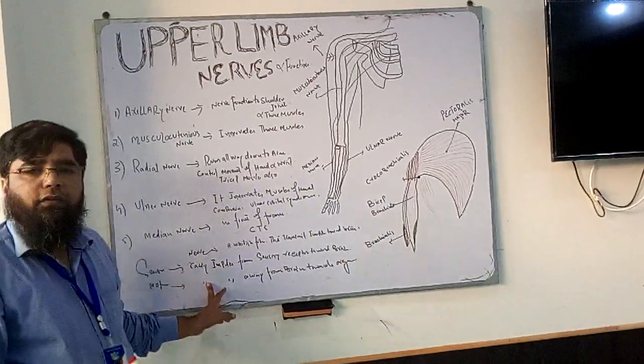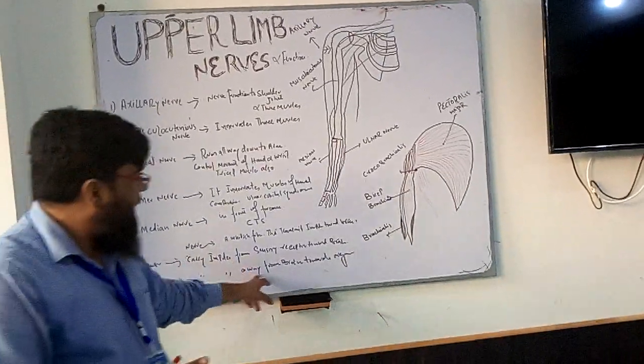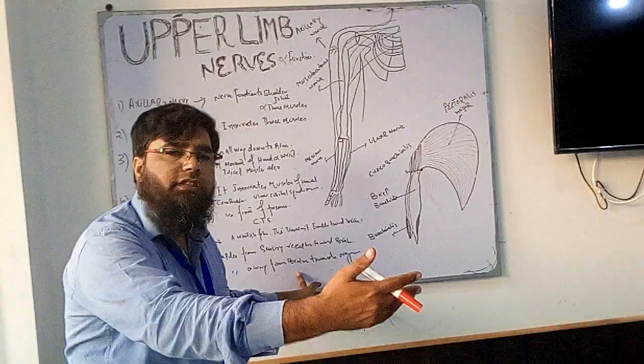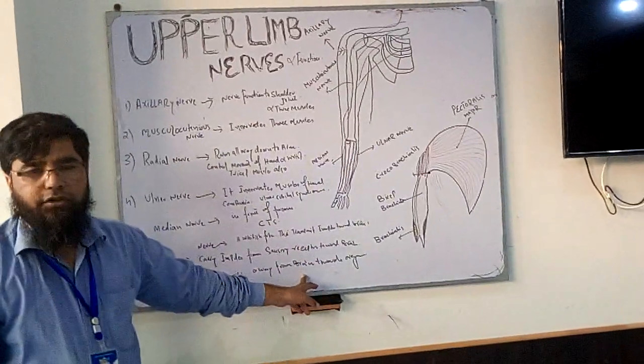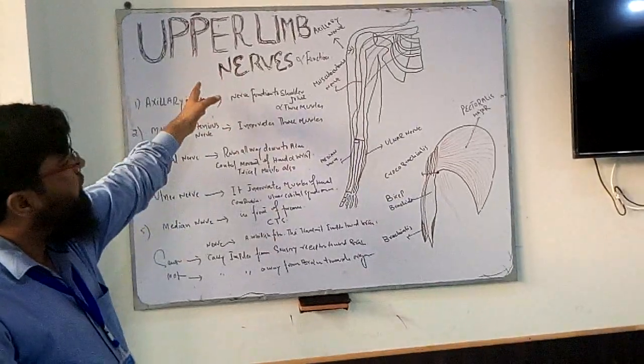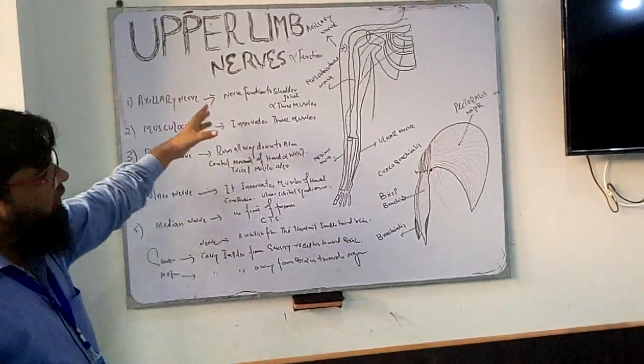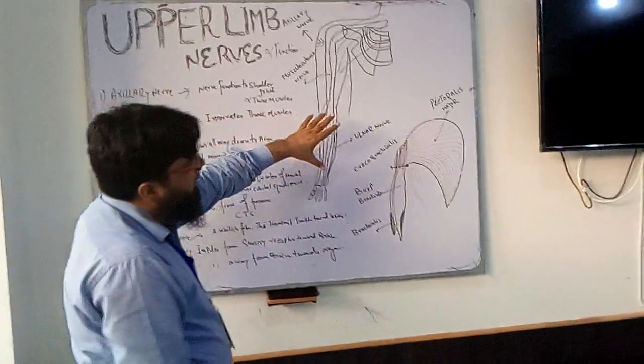The definition of motor nerves is that they carry impulses away from the brain towards the organ. So before going towards the function of upper limb nerves, we are discussing a few important things here.